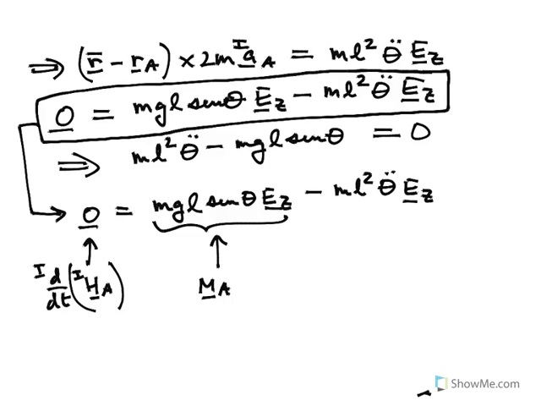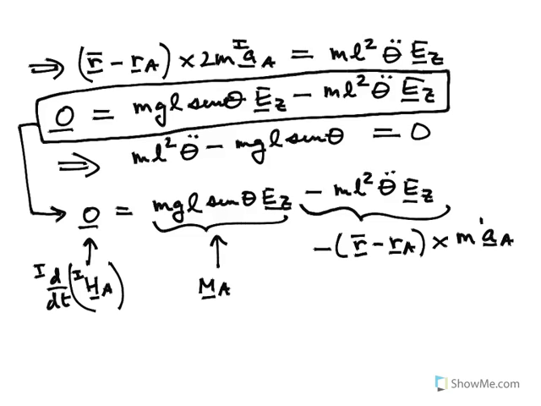Now what's that term? That whole term, including the negative sign, is equal to minus r bar minus ra crossed with the mass times the acceleration of A in I. So that's where I got all that stuff from. So this last result becomes the differential equation.